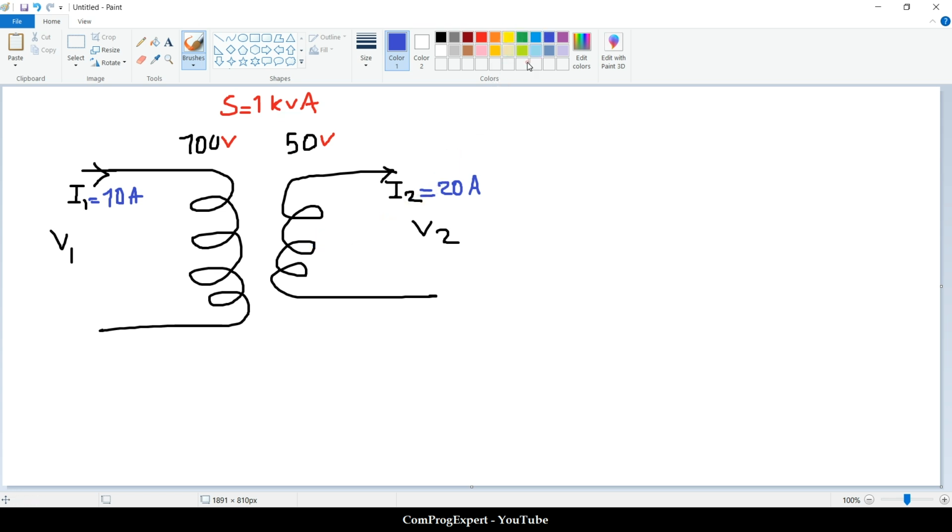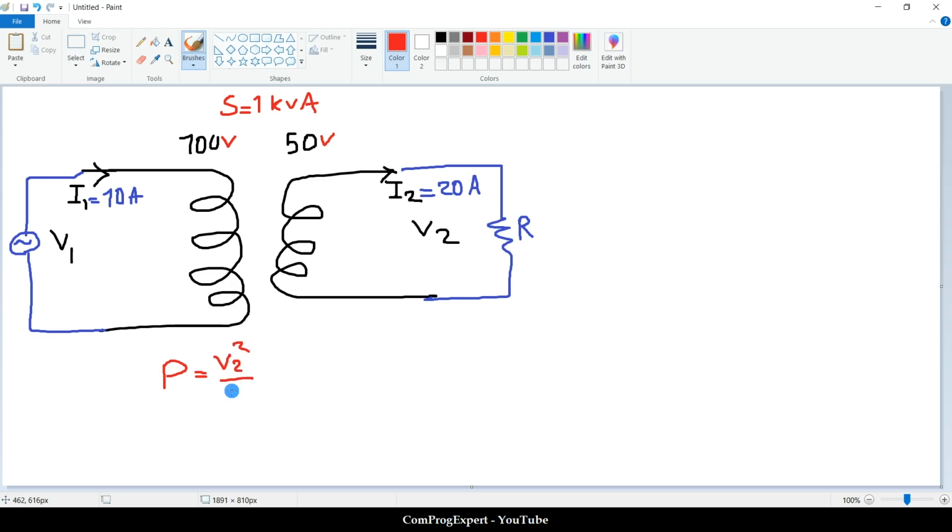So if I consider a resistive load here, R, and a source here, I can simulate the transformer for a rated operating condition. What is the value of the power for the load? It is V2 to the power 2 divided by R. Here I considered the turns ratio, 2 by 1.